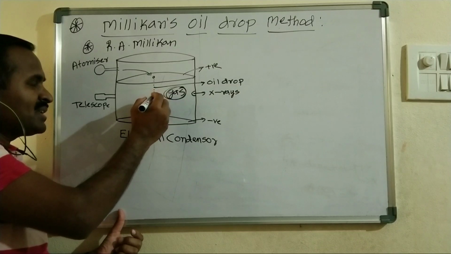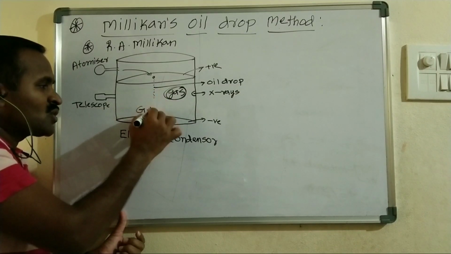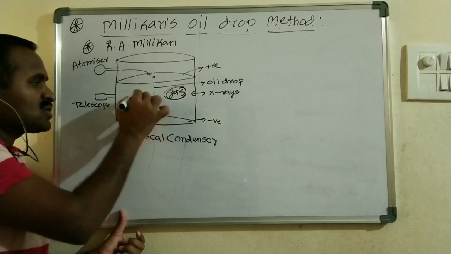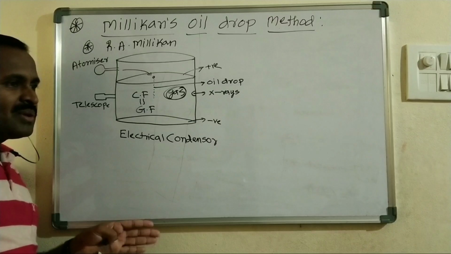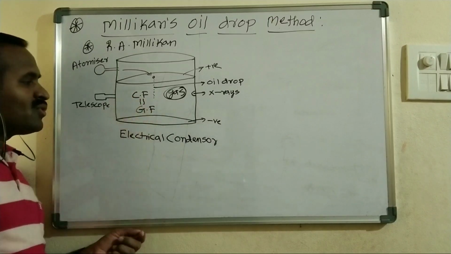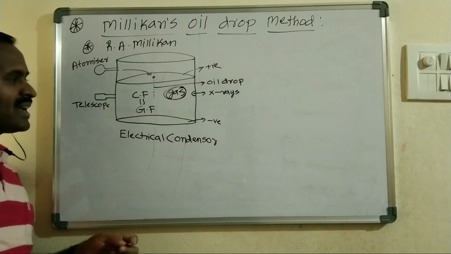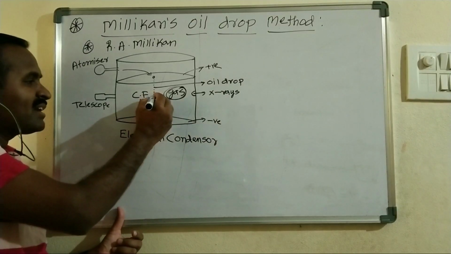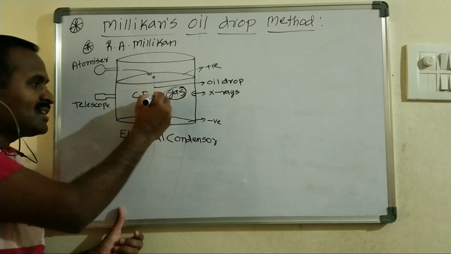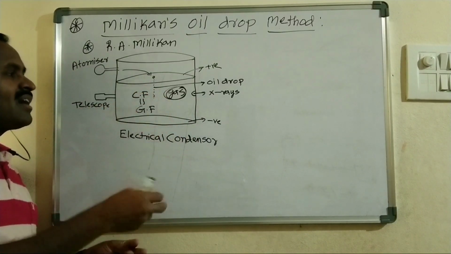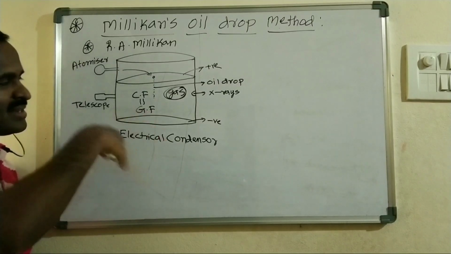Because of this electrical charge, when the gravitational force equals the Coulombic force present in the electrical condenser, that is, when the Coulombic force on the oil droplet and its gravitational force are equal, these oil droplets are retarded, or they become stationary, and they can be separated from the experiment.